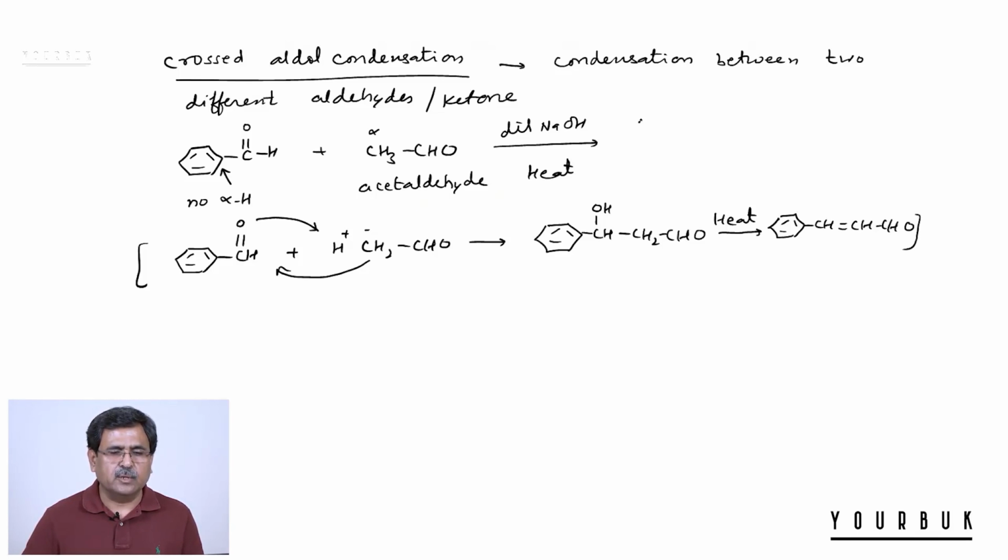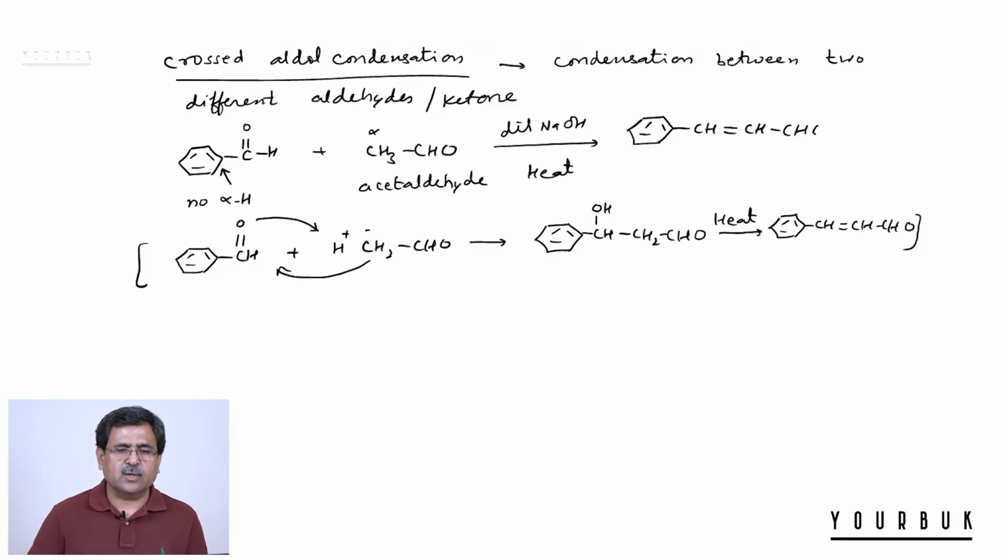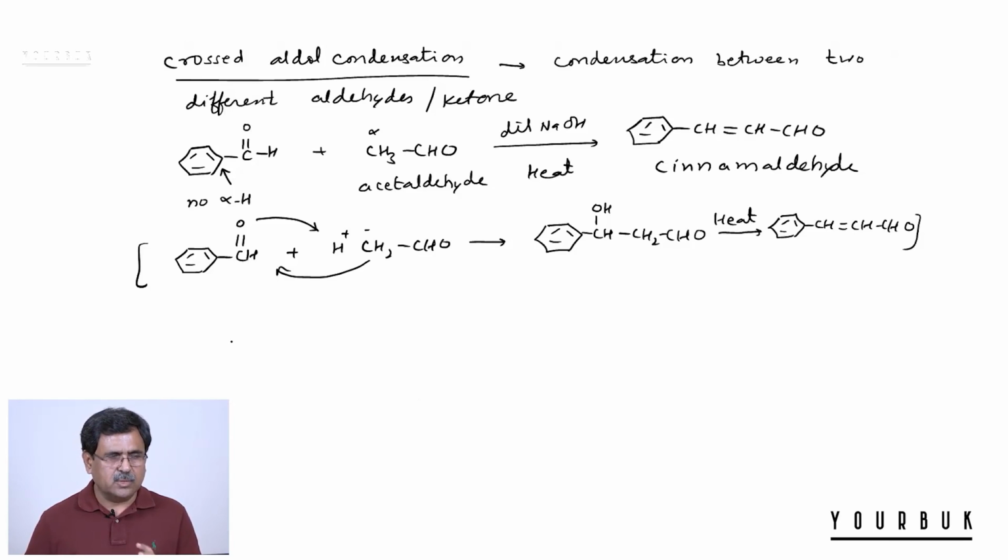So we write the final product as an alpha beta unsaturated aldehyde, and this product has a common name called cinnamaldehyde. Cinnamaldehyde.